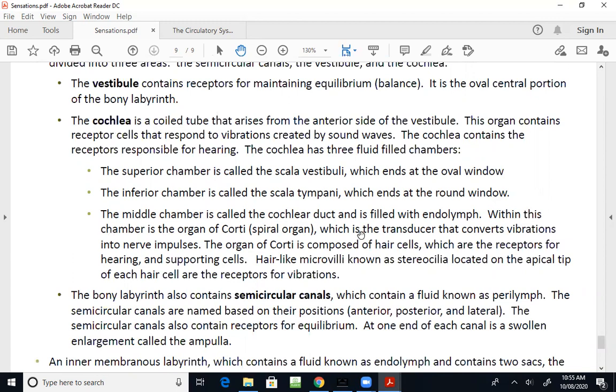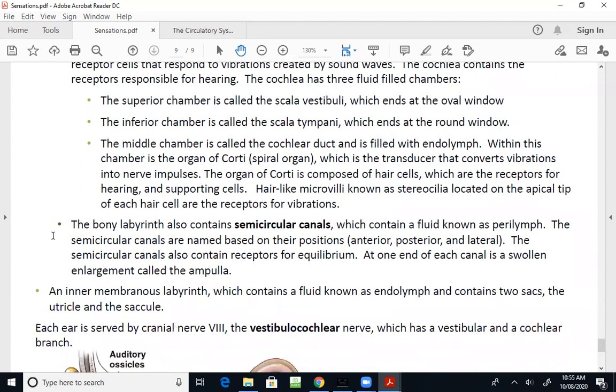This is what transduces or converts vibrations into nerve impulses. This is where the hair cells, which are the receptors for hearing, are located, along with supporting cells. At the tip of the hair cells are little microvilli called stereocilia, which change their shape when vibrations occur, and thus are the receptors for vibrations.